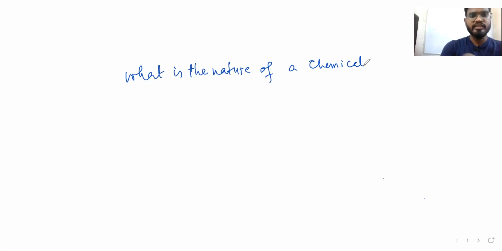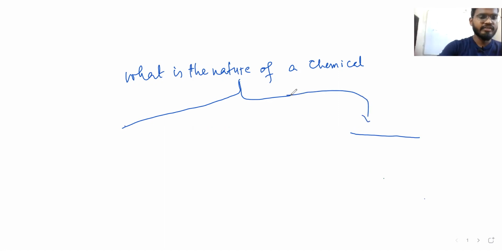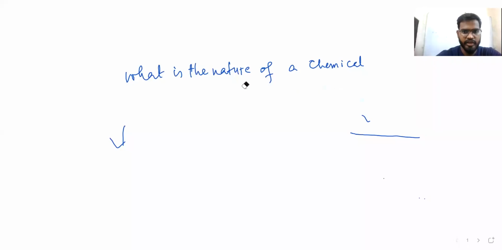So the term nature here defines three things. First is acid, then base, and then neutral. So we can say acid, base and neutral.